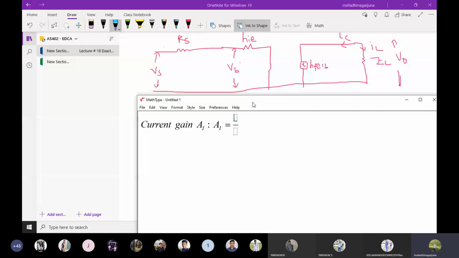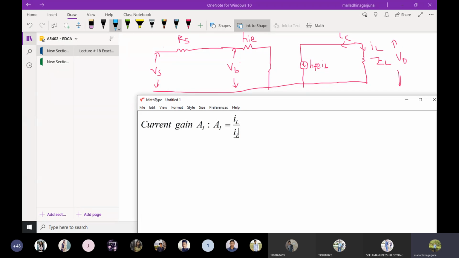IL divided by IB. Here, as I told you, there are two cases: with source resistance and without source resistance. First I am calculating without taking the source resistance into consideration. So my input voltage is VB and input current is IB. I am not taking RS into the calculations; later, after calculating all these parameters, I will take RS.